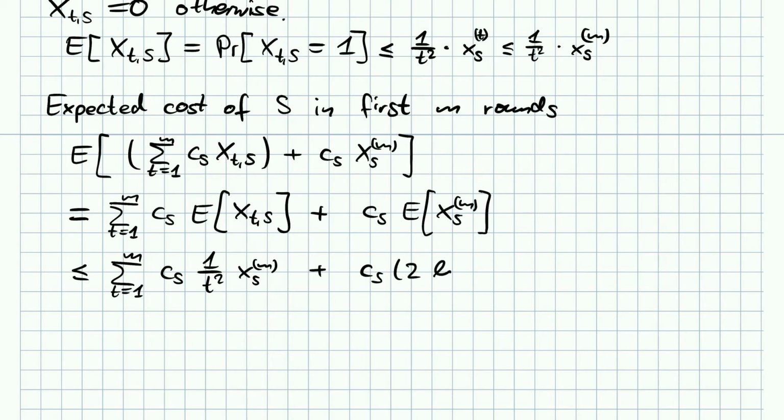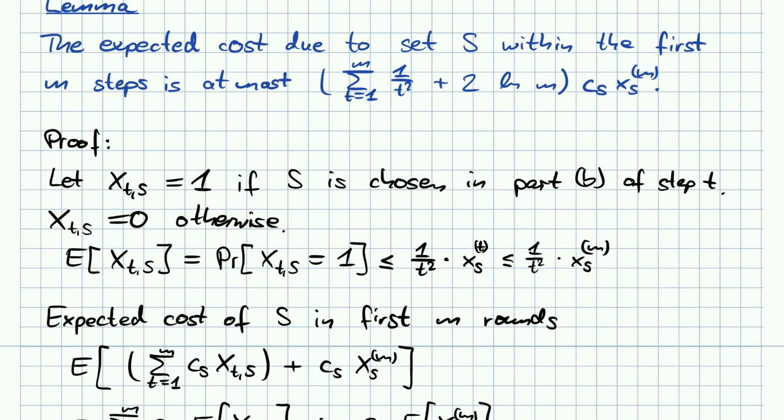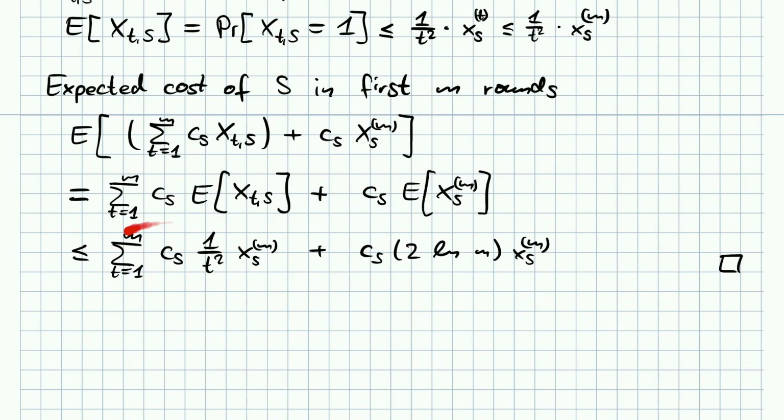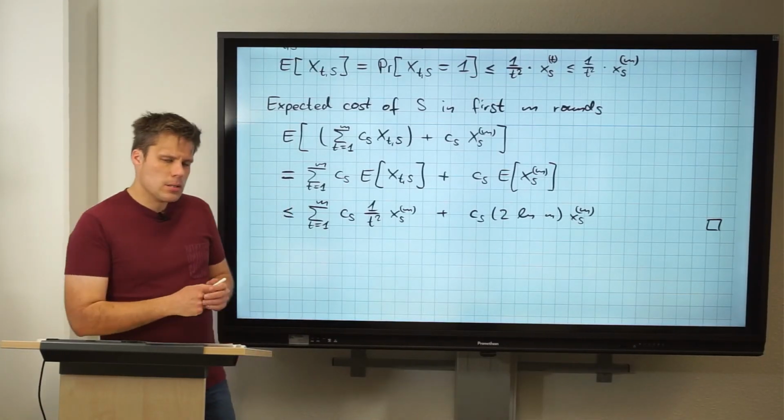This is at most this much by just the thoughts that we've had also before. And if you now look at this, this already proves our lemma, because we have this factor times c_S times x_S at time m. This is exactly what we get here. Good.